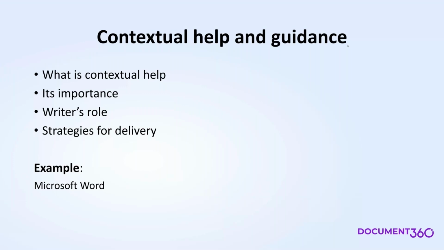Now again, looking at an example of contextual help, I guess we all must already be aware, but Word is something which provides great context-sensitive help, and mostly all Office suite apps.